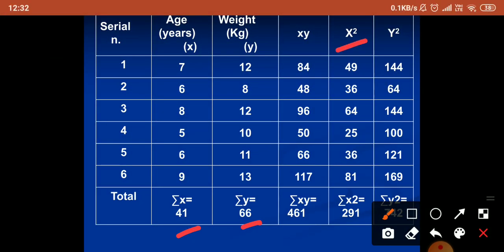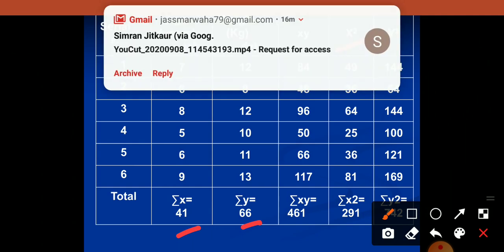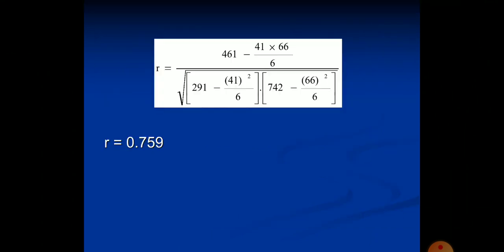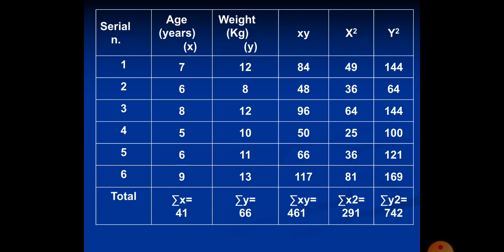Here is new column x square. We are squaring the values of this, and now x square, afterwards we have y square. So you create these three columns yourself. x and y will be given. You multiply these two columns, you get xy. Squaring the first column x, you get x square and then y square.